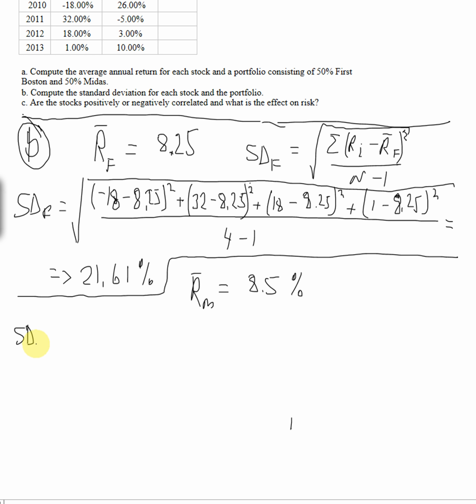The standard deviation for Midas will be the same, except that the numbers will change. So the standard deviation of M is equal to the square root of the sum of squared deviations of these values from the mean.